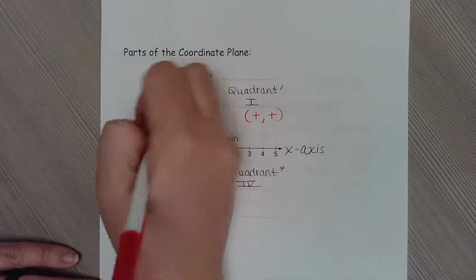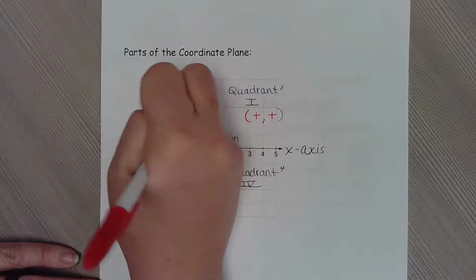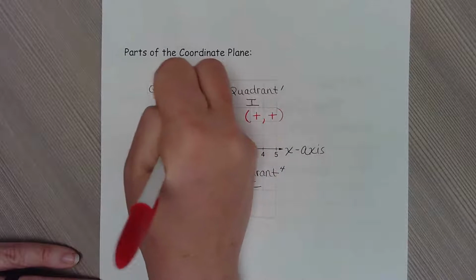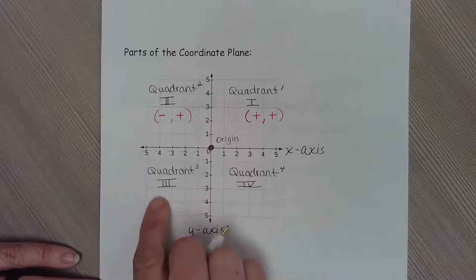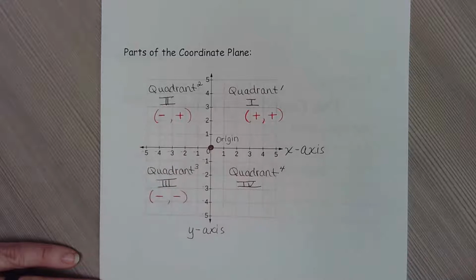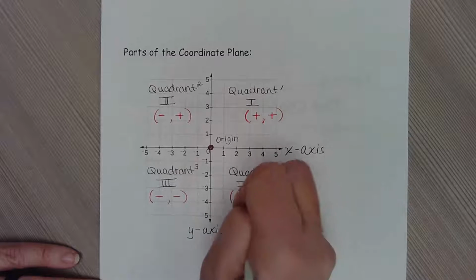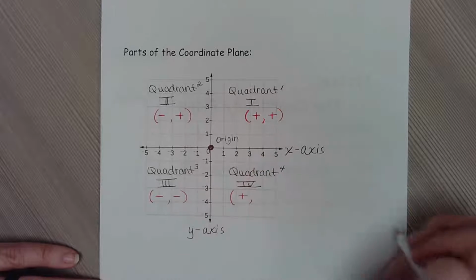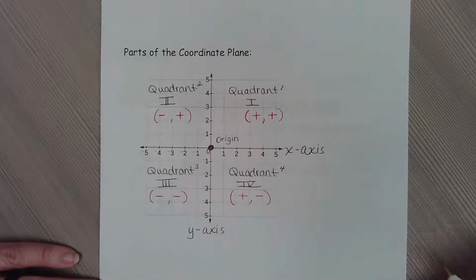In quadrant 2, the first number will be negative and the second number will be positive. In quadrant 3, they'll both be negative numbers. And in quadrant 4, the first number is positive and the second number is negative.